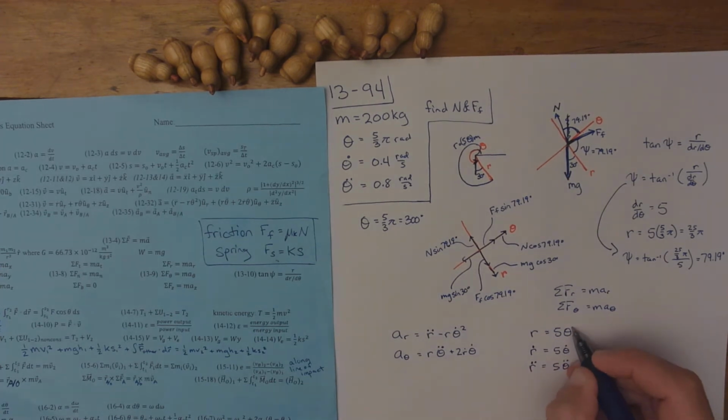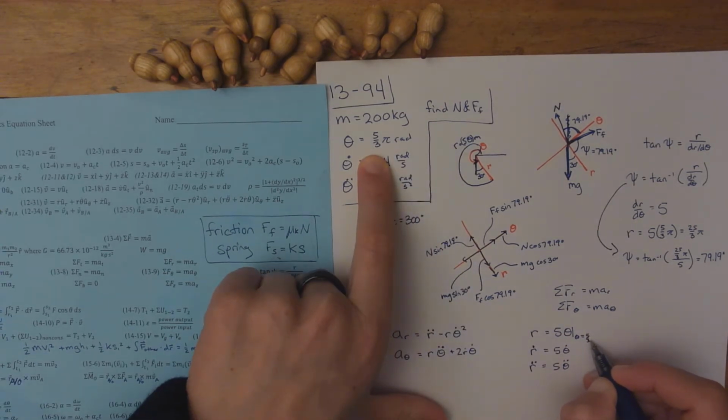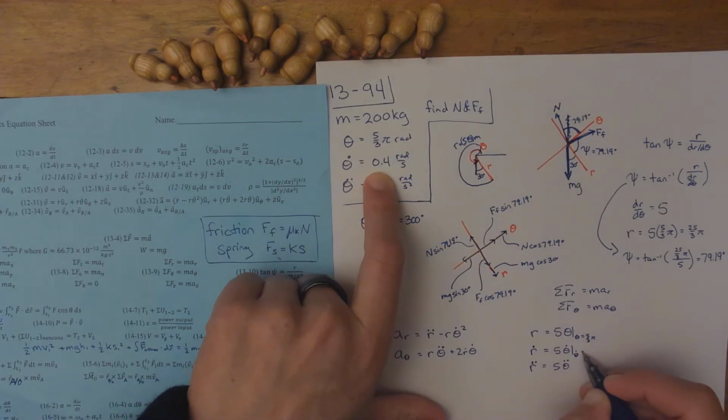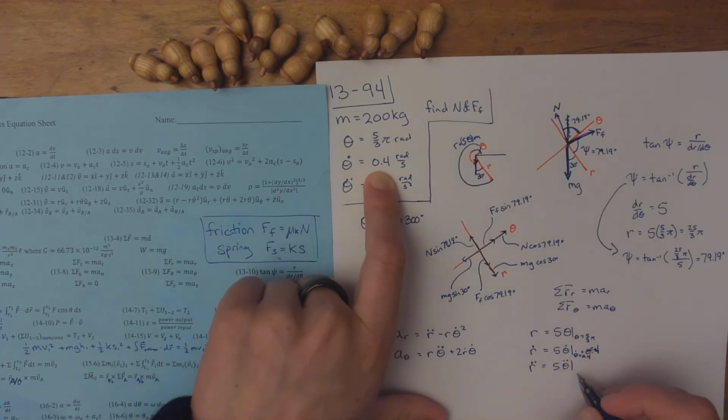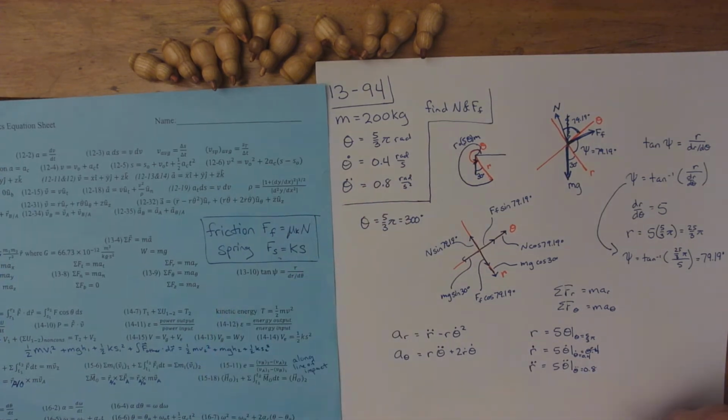And then I want to know what this is when theta is equal to 5/3 pi, when theta dot is equal to 0.4, and when theta double dot is equal to 0.8.